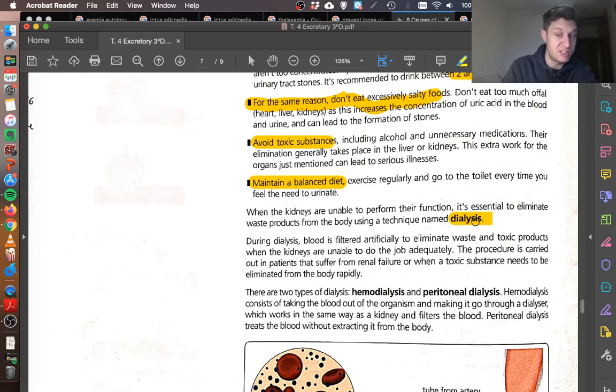Yes, and these machines are very expensive, and you have to be connected to these machines around 5 or 6 hours a day. So respect your kidneys. With a healthy diet, you're helping your kidneys. With drinking water, you're helping your kidneys.